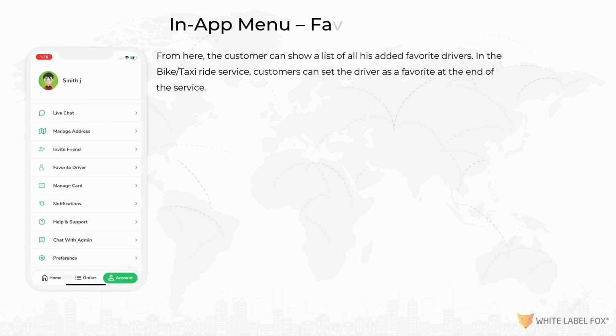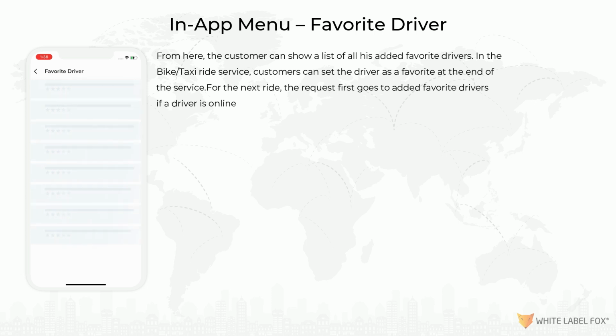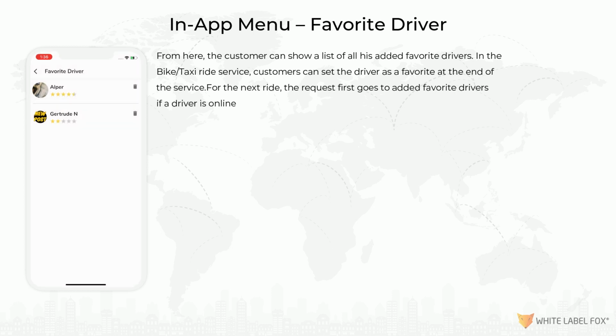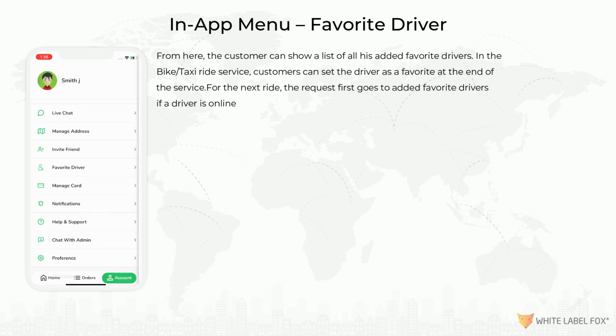In-app menu, favorite driver. From here, the customer can show a list of all his added favorite drivers. In the bike or taxi ride service, customers can set the driver as a favorite at the end of the service. For the next ride, the request first goes to added favorite drivers if a driver is online.